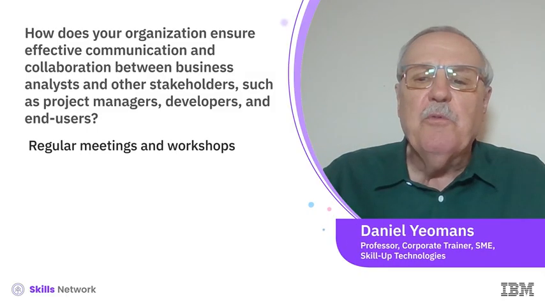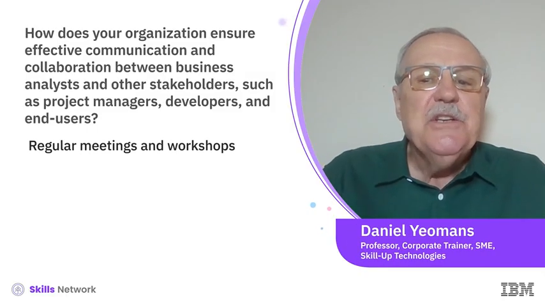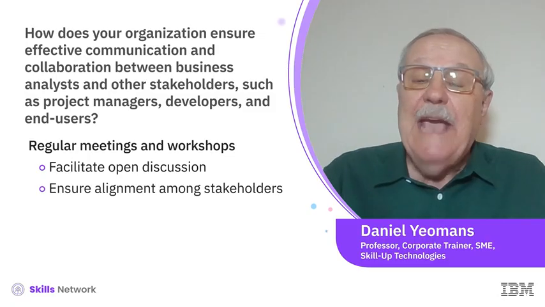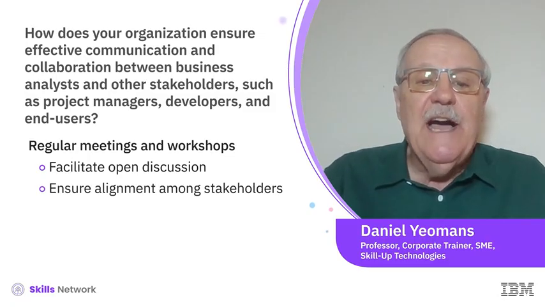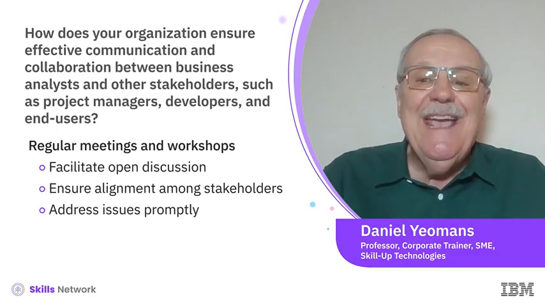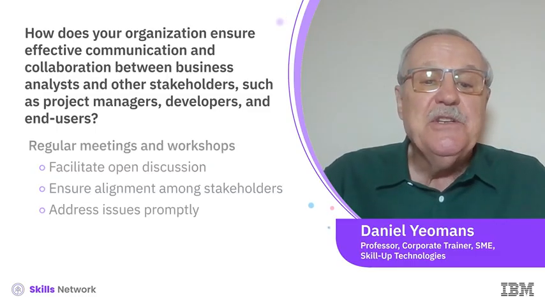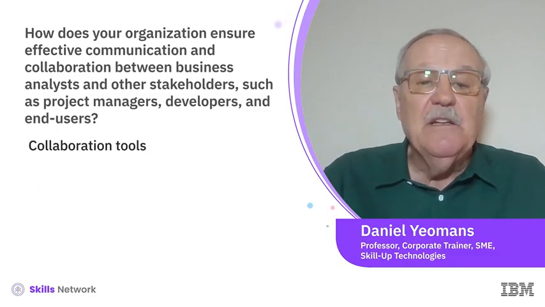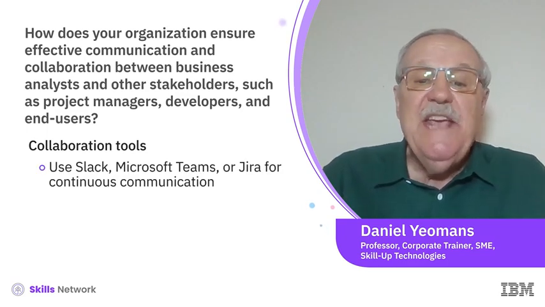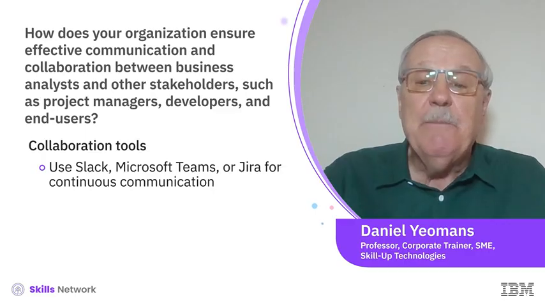First of all, hold regular meetings and workshops. Schedule frequent meetings and workshops to facilitate open dialogue and ensure all stakeholders are aligned. Why? This helps in addressing any issues promptly and keeps everyone on the same page. Next, use effective collaboration tools. Leverage tools like Slack, Microsoft Teams, or Jira to maintain continuous communication and collaboration.